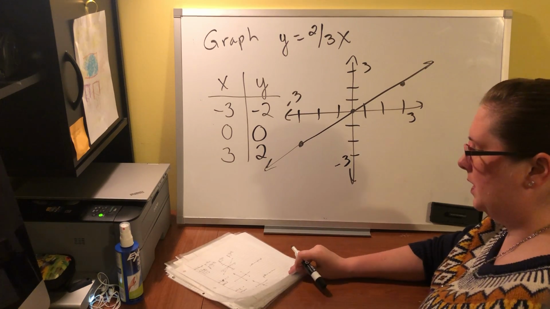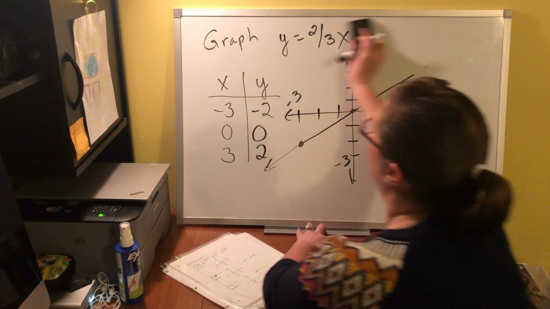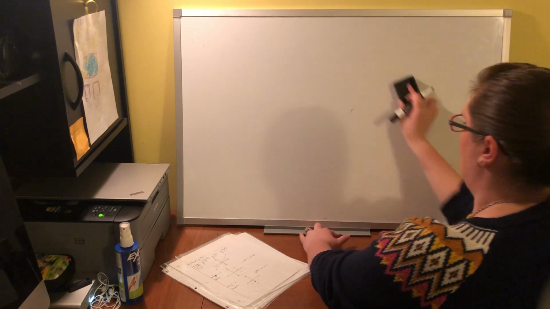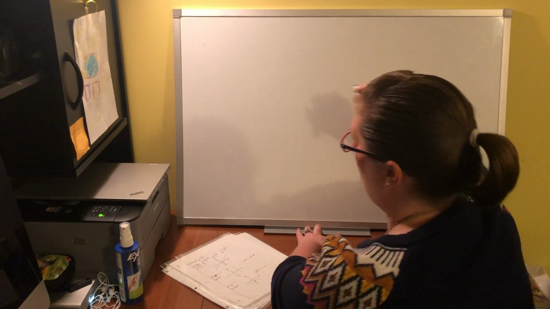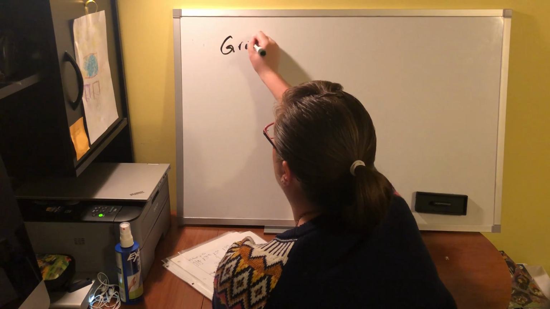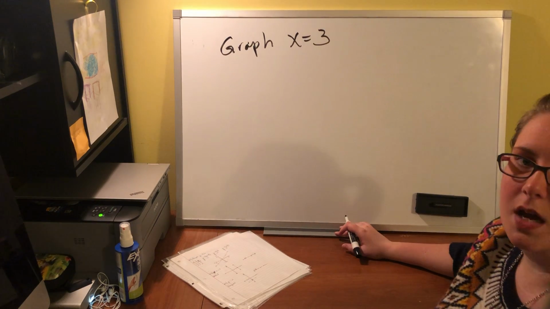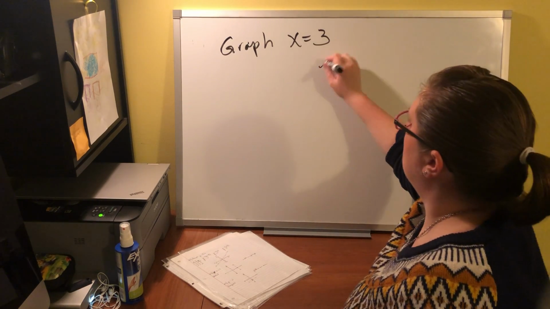All right, let's go ahead and look at the last 2 different graphs for this section that you need to be aware of, okay? So let's say they told you to graph x equals 3.